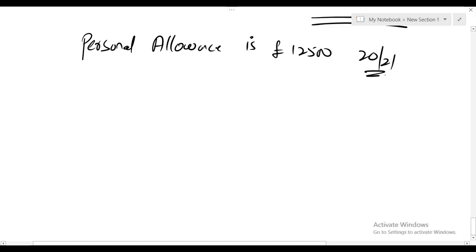Even in the previous year it was same. Now one more rule I want to introduce is when actually this personal allowance is going to be reduced. Every individual in UK gets personal allowance of 12,500 per tax year.